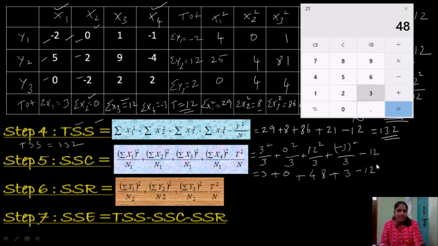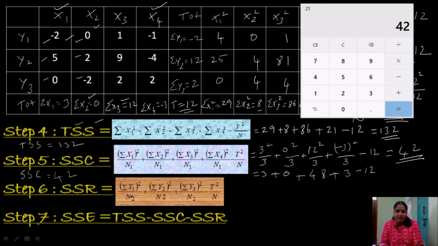So by adding all these values, 3 plus 0, no need to add 0, 48 plus 3 minus 12, we get the total as 42. So our SSC, that is sum of squares between columns, we get the value as 42.